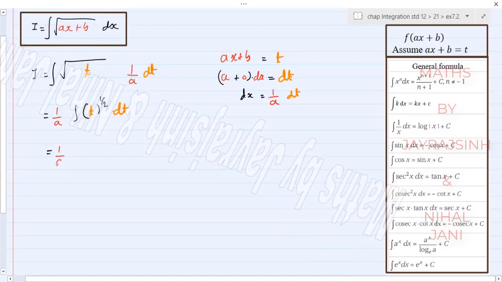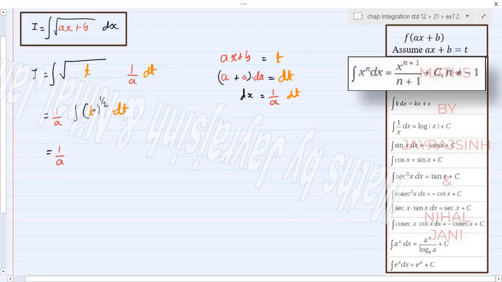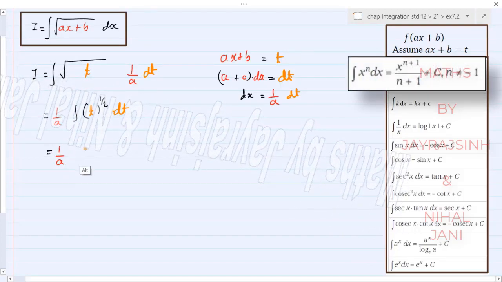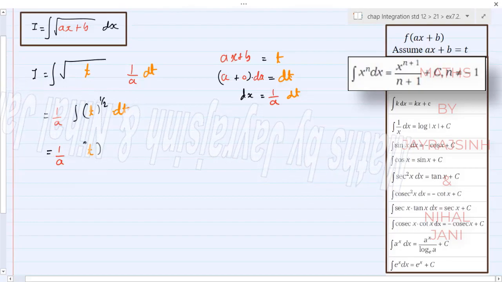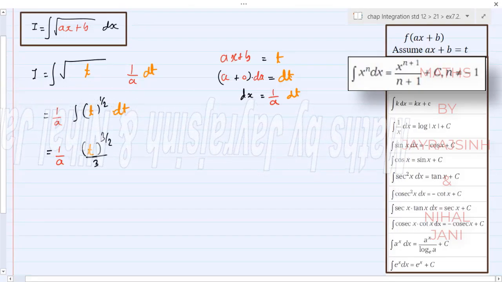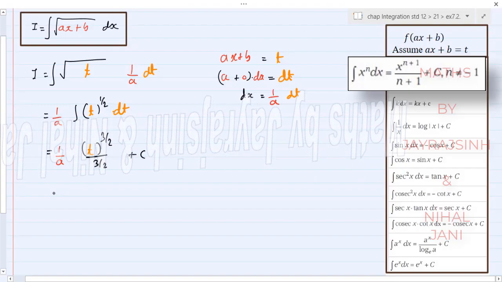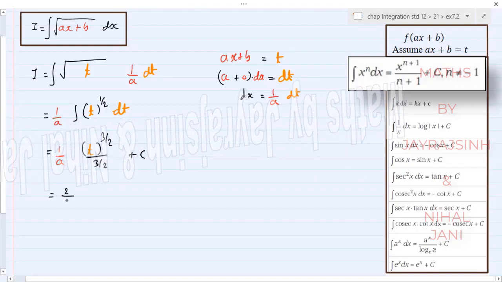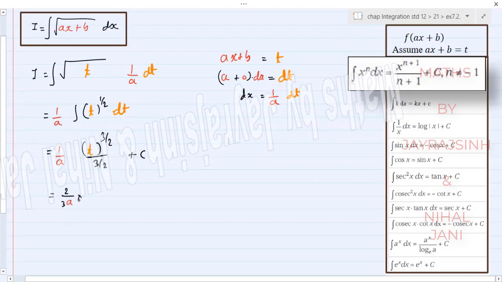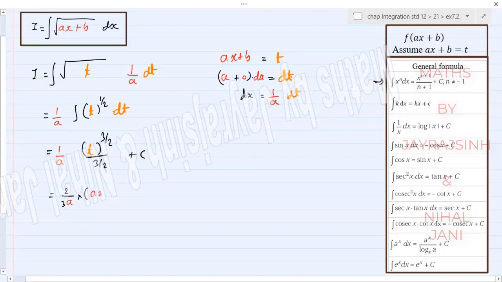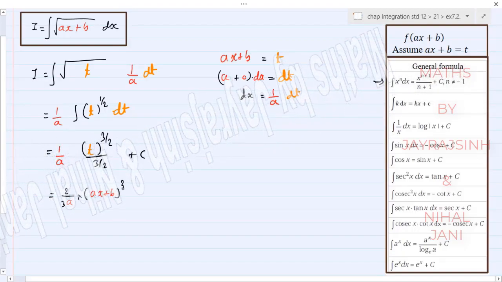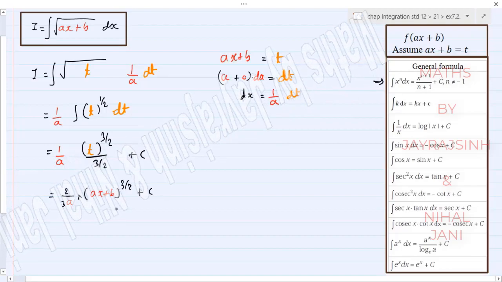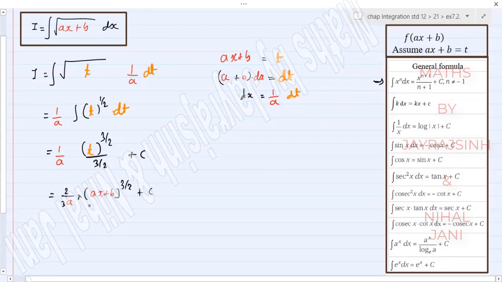So this 1 upon a is as it is. Integration of t raised to 1 by 2 is simply t raised to 3 by 2 upon 3 by 2 plus c, or we can say 2 upon 3a into the value of t, which is ax plus b whole raised to 3 by 2, plus c is your final answer. Ta-da!